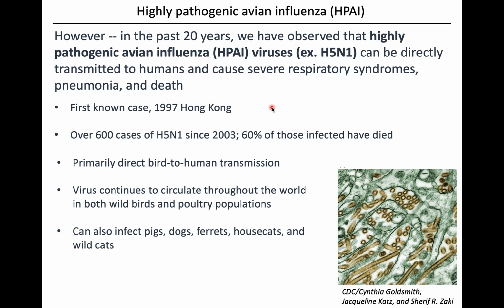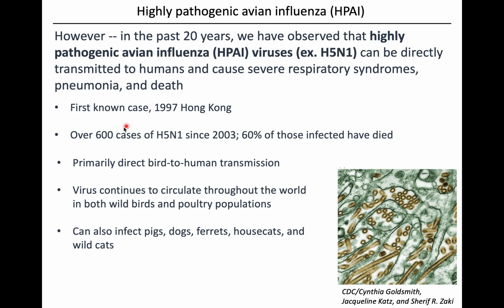But what we have seen is in the past 20, 25 years, we've seen some of these bird flus be directly transmitted to humans and cause very severe respiratory syndrome and even death. So this really first came on the radar in the late 90s in Hong Kong.